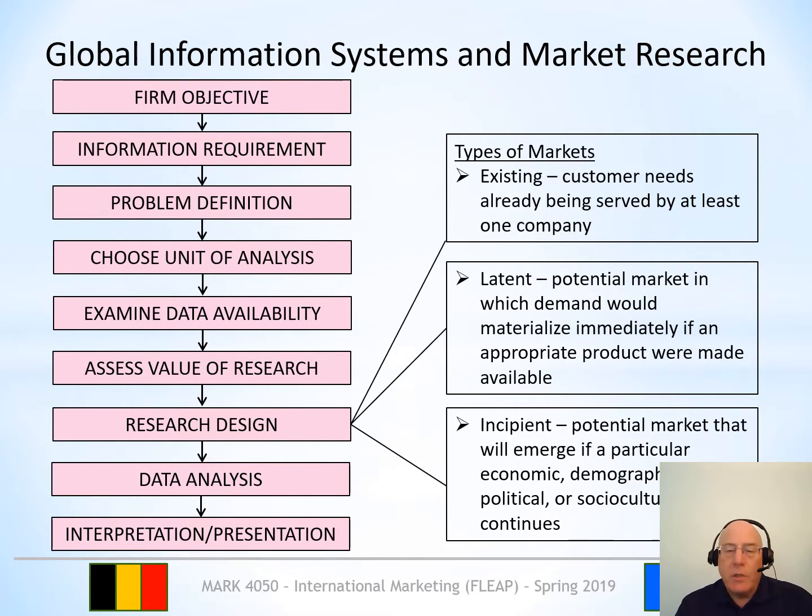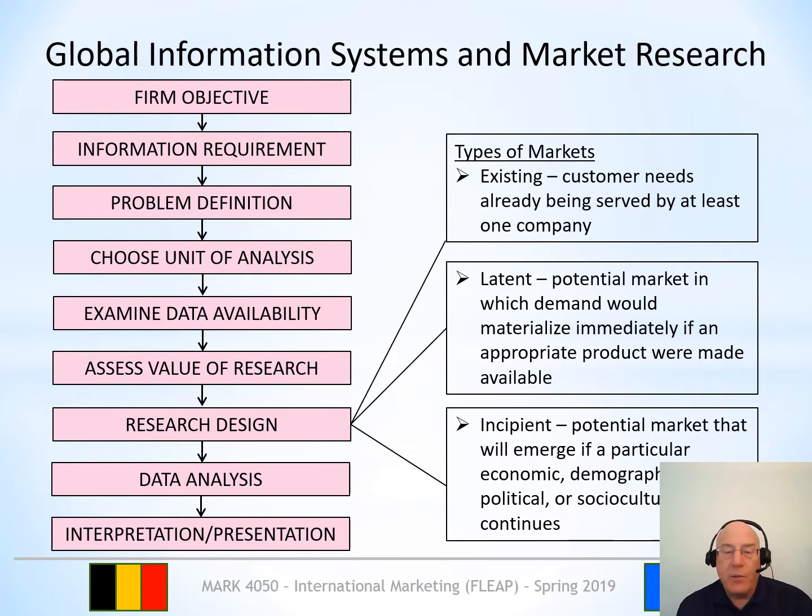The third one is a bit more of a reach. When we're trying to research it, we're trying to define an incipient market, which is a potential market that will emerge if certain trends come together, and these can be economic, so how much money are people making, demographics, so is there a teen culture that's going to appear in a matter of years, are there political changes, or are there sociocultural trends?